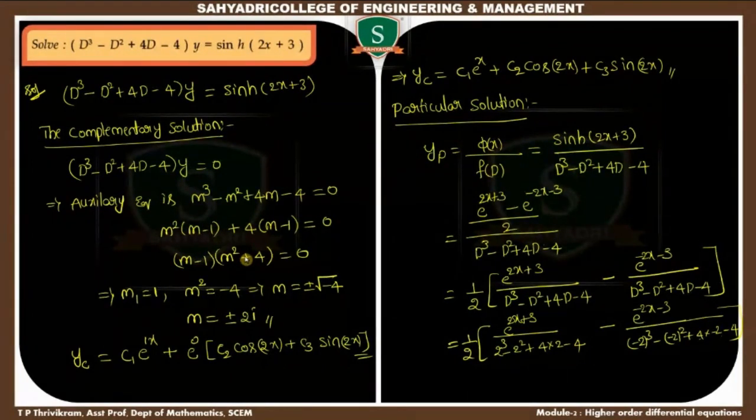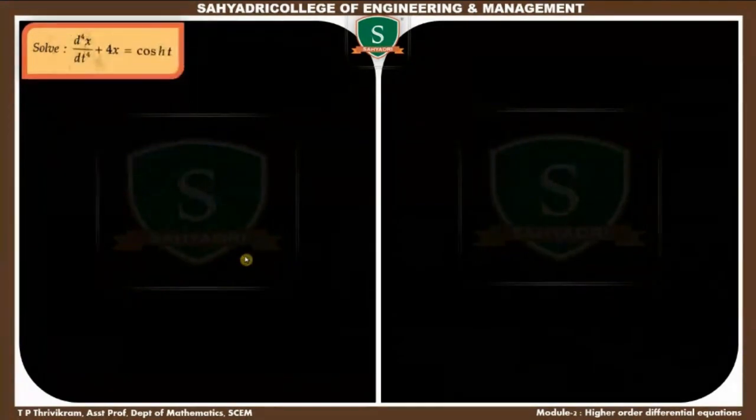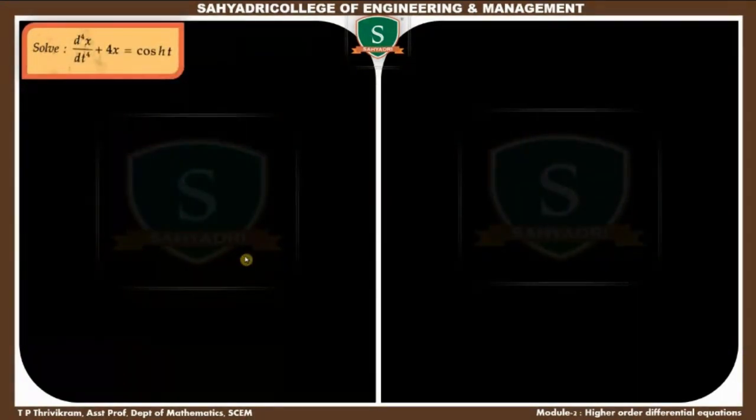Fine. So try to do this problem. What will be the roots for this equation? We'll get m power 4 plus 4 equal to 0. What will be the roots for m power 4 equal to minus 4?